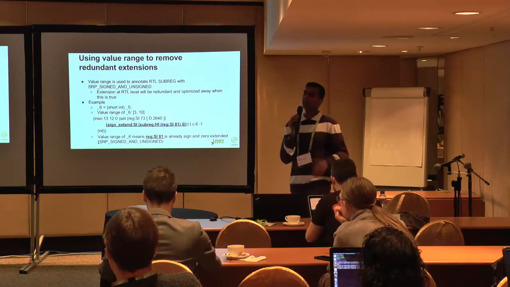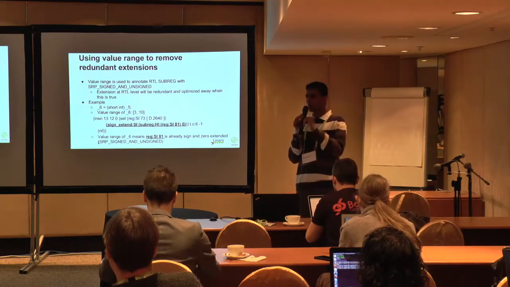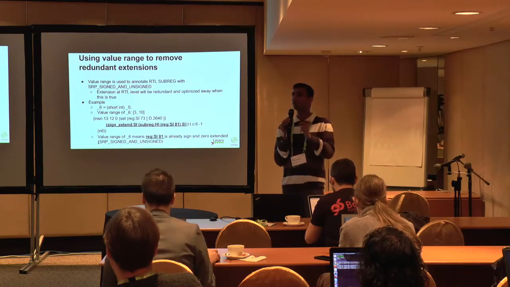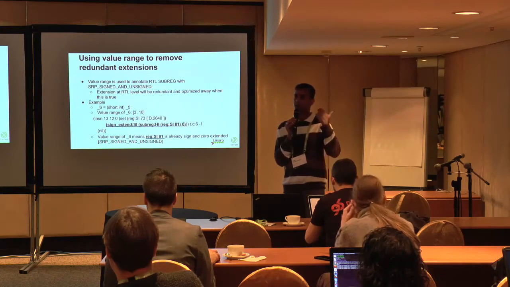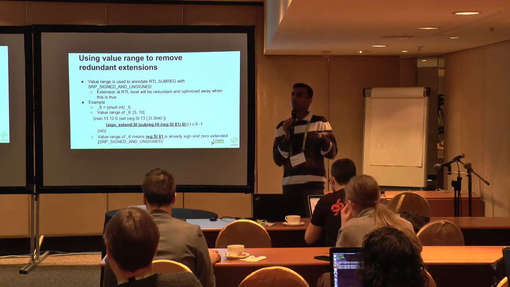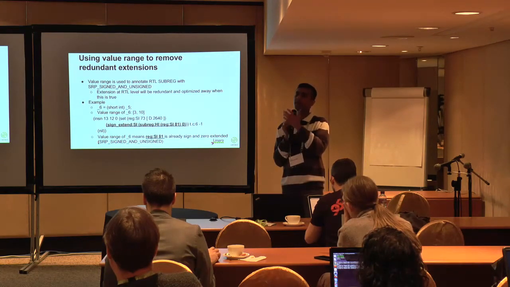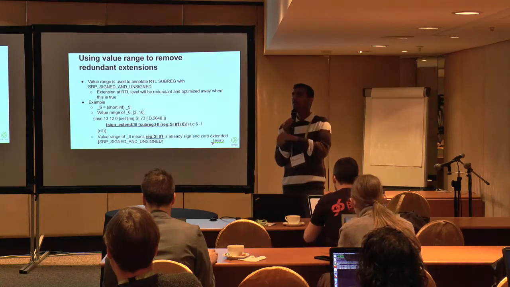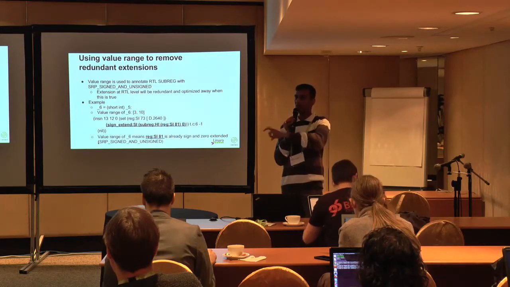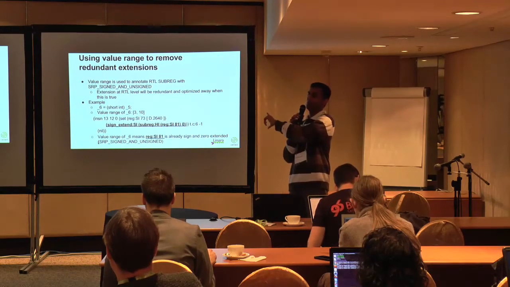In the tree level, we are not doing any optimization as such. We are just propagating the information that the value range propagation pass generated to the SSA name. So when you look at any SSA name at the tree level, you have that attribute stored as range info, and we use that information in RTL expansion. When we move from tree to RTL, we use this information and add this attribute.